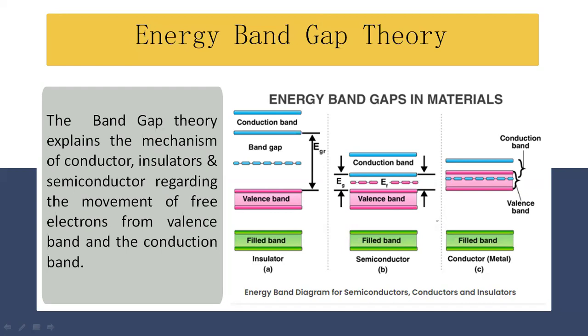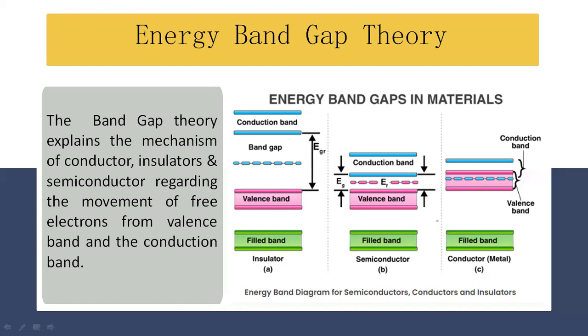As in a conductor the bands are overlapping, the electrons can easily move from the valence band to the conduction band. Whereas in a semiconductor, if we provide some external energy to the electrons present in the outermost shell of the valence band, the electrons can easily move from the valence band to the conduction band.